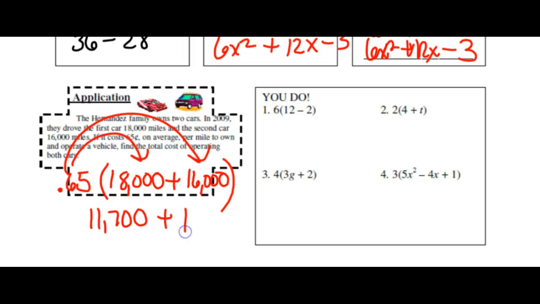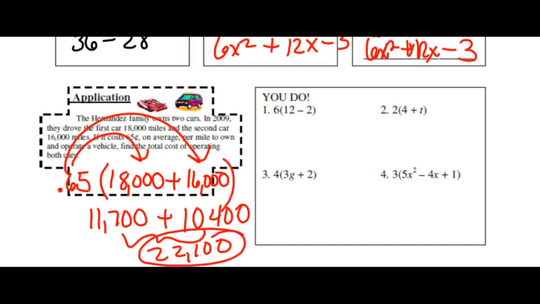And we get 10,400. And then we could add those to get our total for what it cost. 10,400 plus 11,700 gives us 22,100. So that's what it's going to cost for us to operate both vehicles.